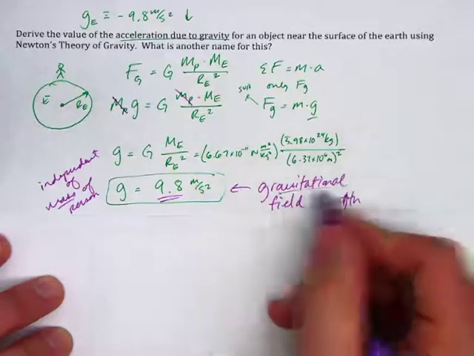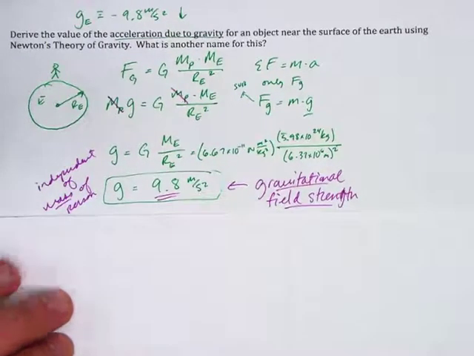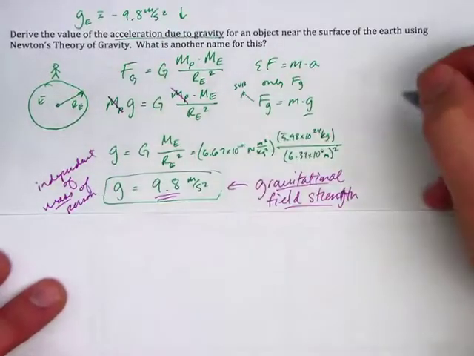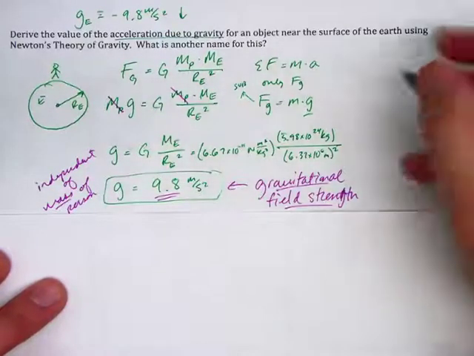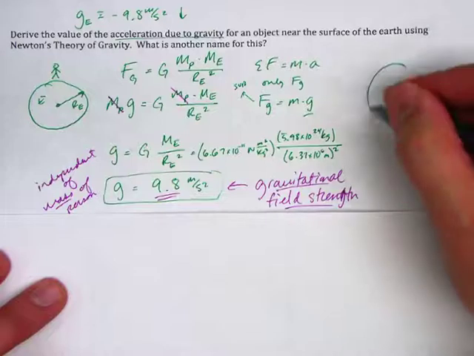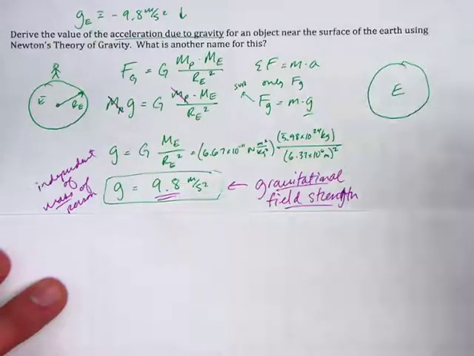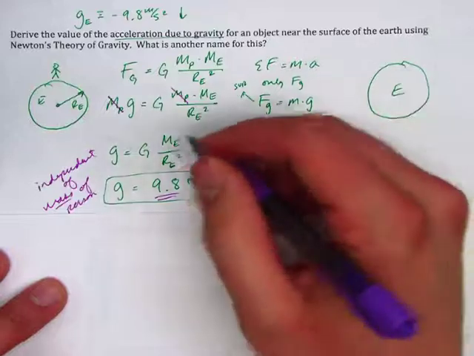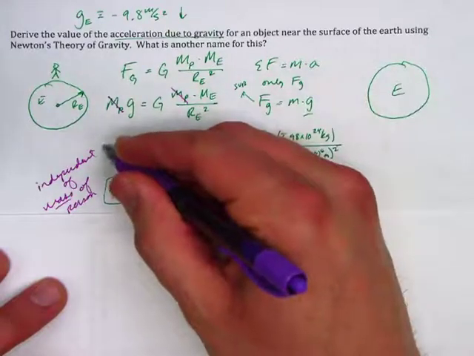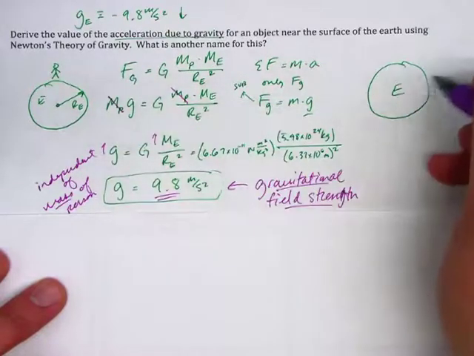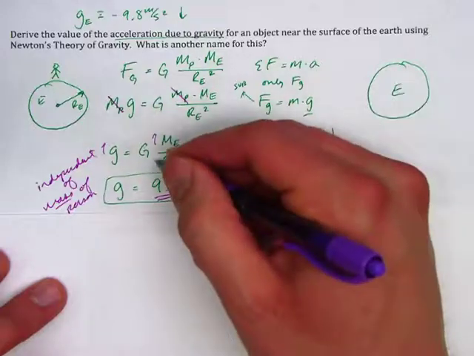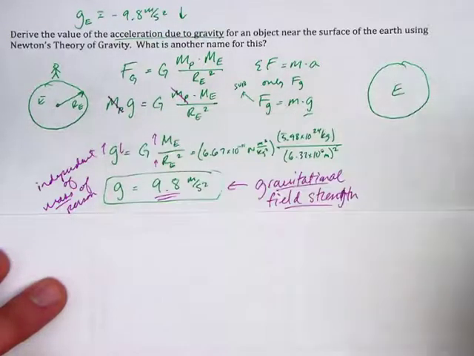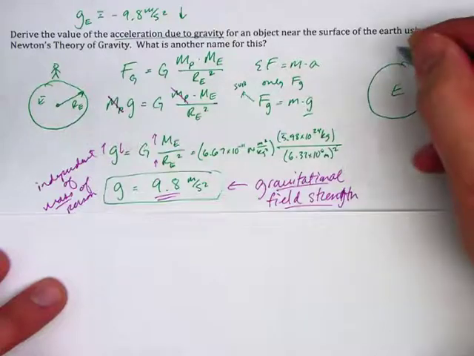So the gravitational field strength near the surface of the Earth is independent of anything in it. And what it tells us, if we have an Earth something like this, because it's dependent upon the mass of the Earth, is that as the Earth gets bigger, the gravitational field strength would get bigger. But as I go farther away from the Earth, the gravitational field strength would get less. So I can draw this as a vector field.